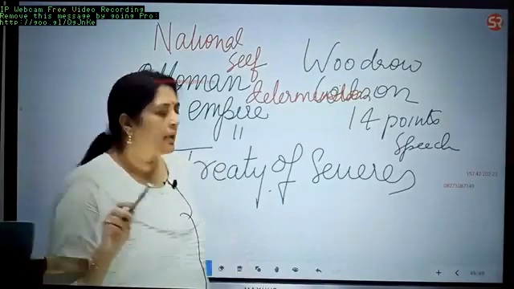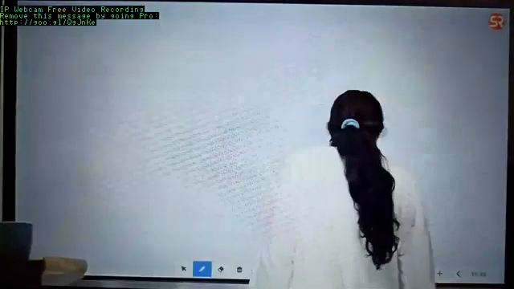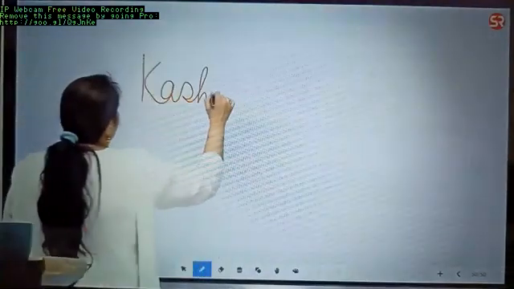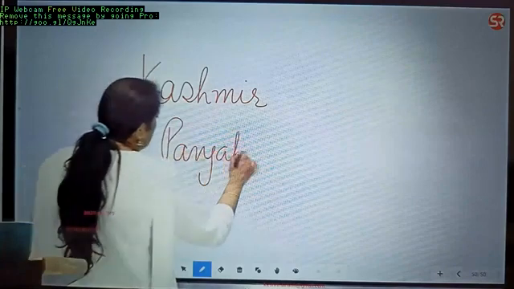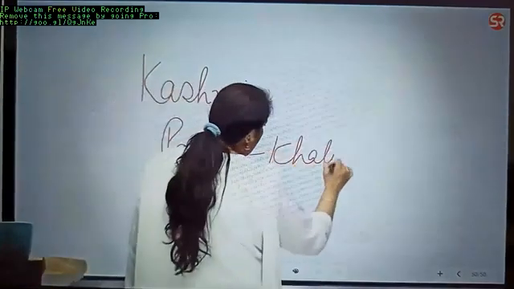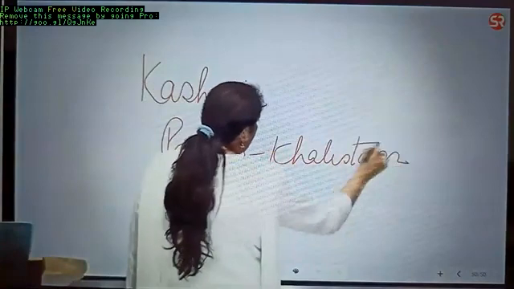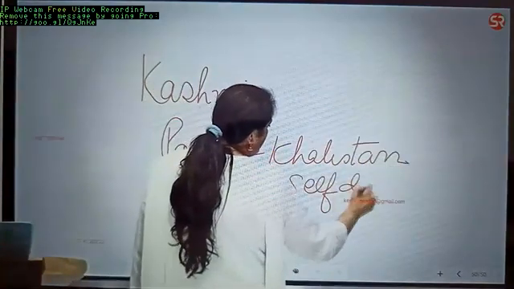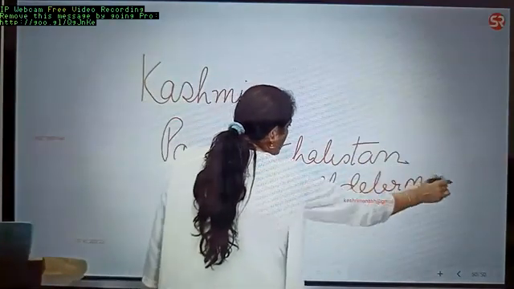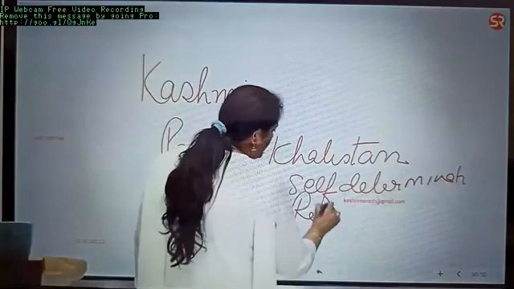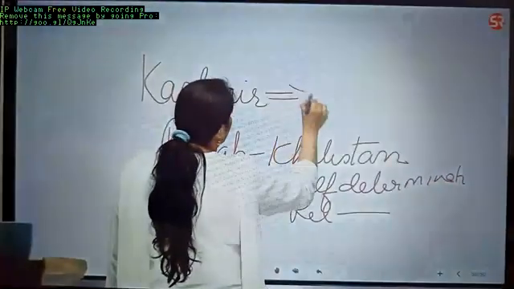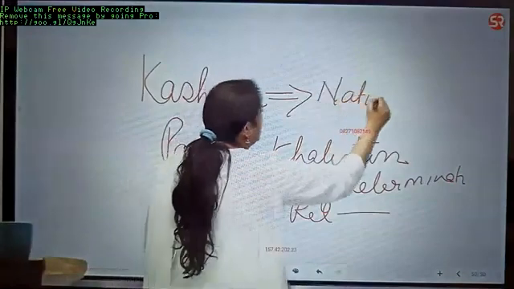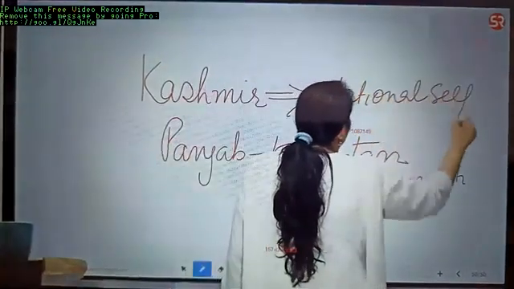Okay? So that is why if you see, in India, two examples we take, Kashmir and Punjab. The Khalistan movement, it was also a movement for self-determination, that on the basis of religion, a separate state to be created. Similarly, the movement of Kashmir is also for the national self-determination.